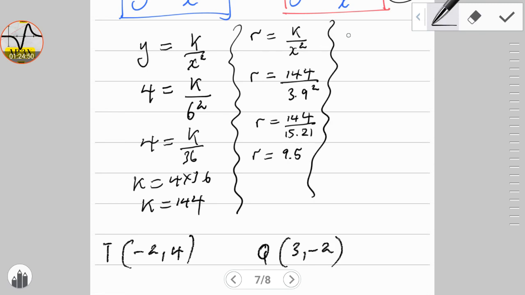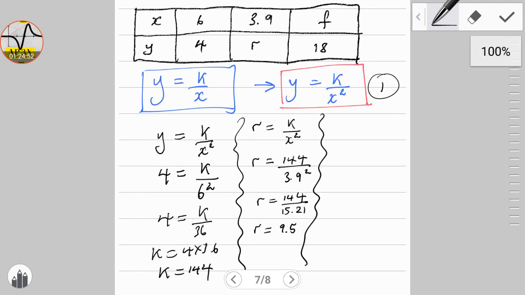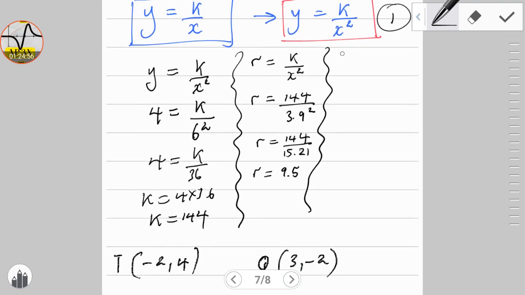Beautiful. And so we're going to go ahead and work out the value of f. F is now in the row where x is. So write back our original formula, y is equal to k divided by x squared. In this case, y is known, k is equal to k, and then we adjust this formula.